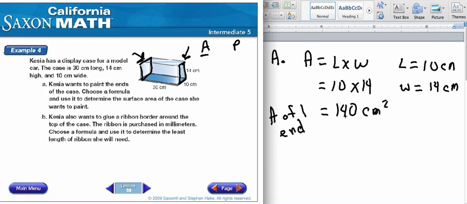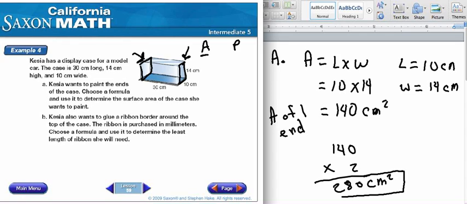So now that I have the area of one end, now I need to multiply it by 2. 140 times 2. So the total area equals 280 centimeters squared. Okay, because I need to find the area of this end over here and this end over here. So I'm going to multiply the area of one together.